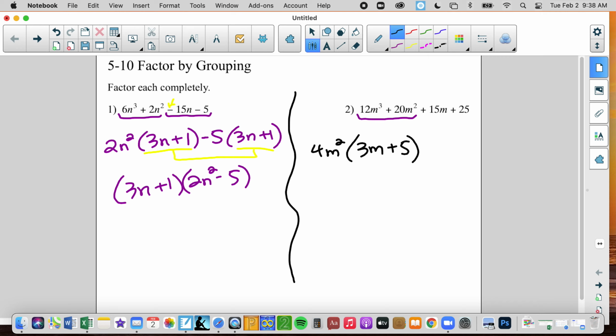We're going to look at the next set of terms, 15m and 25. I can factor out a 5, and that leaves me with 3m plus 5. They both have a 3m plus 5 in common. We'll factor that out, and that leaves me with 4m squared plus 5. So that would be the answers for the first 2.